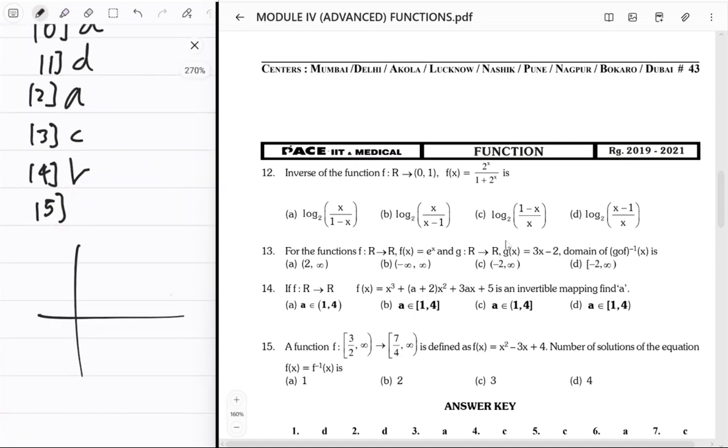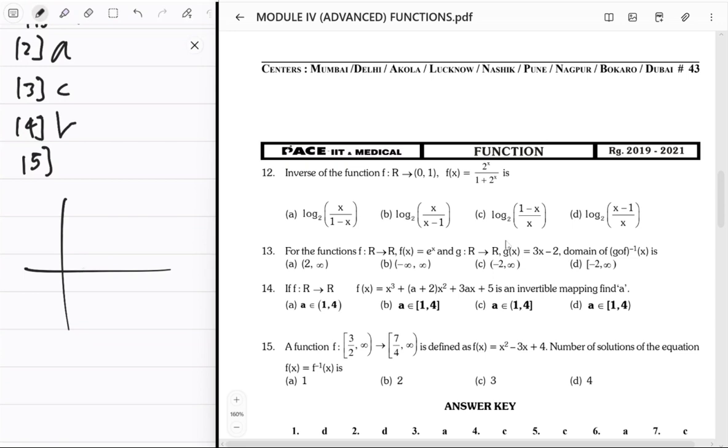So 3 upon 2 is 1.5 somewhere over here, and then 7 upon 4 is 1.75. This point is there, and then from there it just increases like that. Cool, and that's f of x.